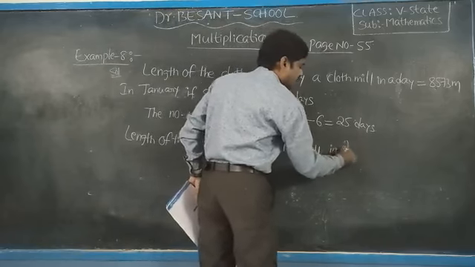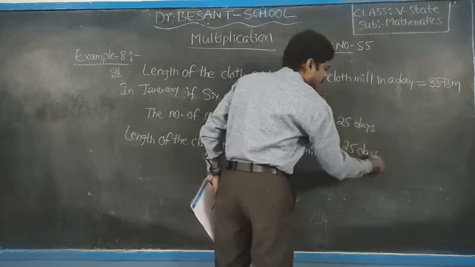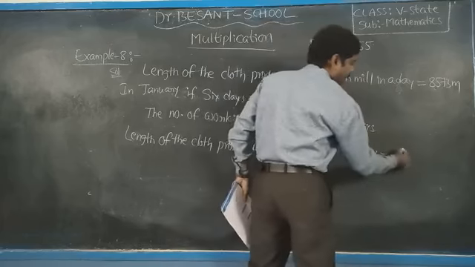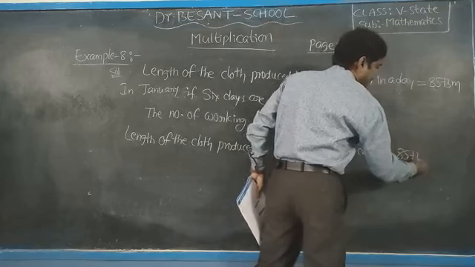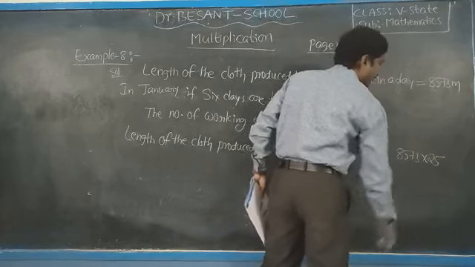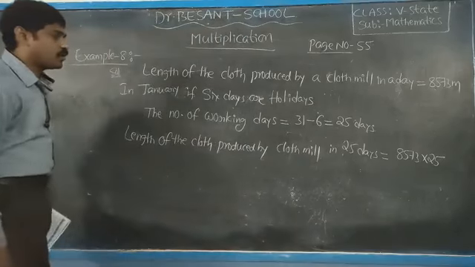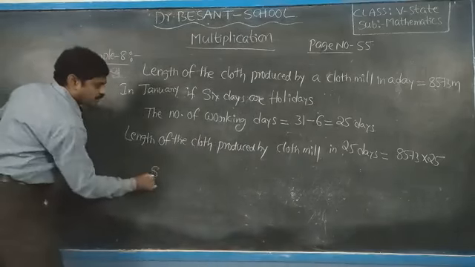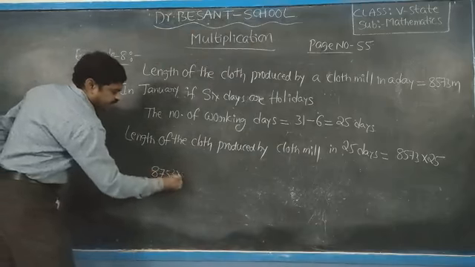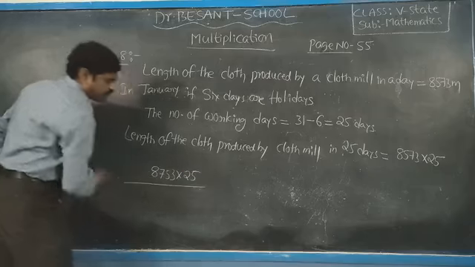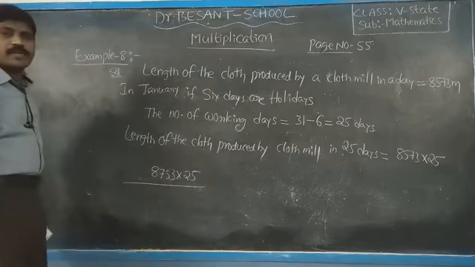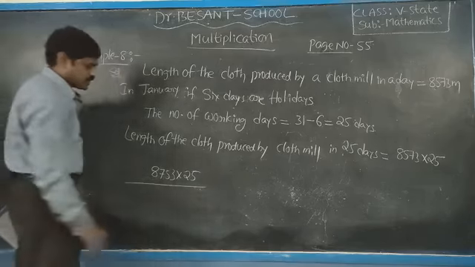In 25 days, that is equal to 8,573 into 25. So this one we have to multiply. We know direct multiplication of 25. That's why we'll do this.